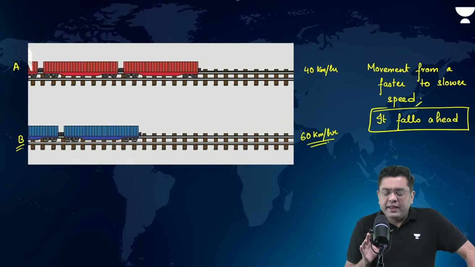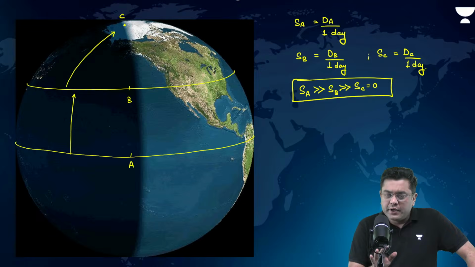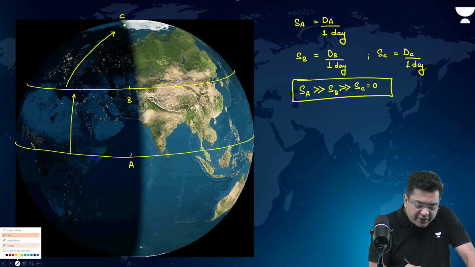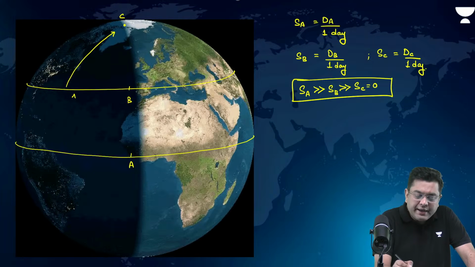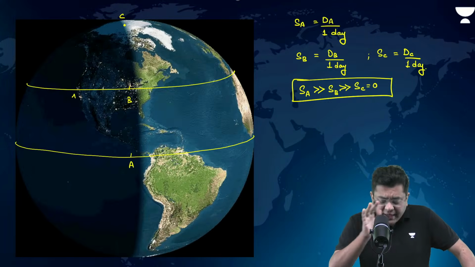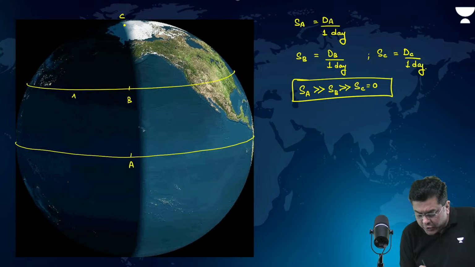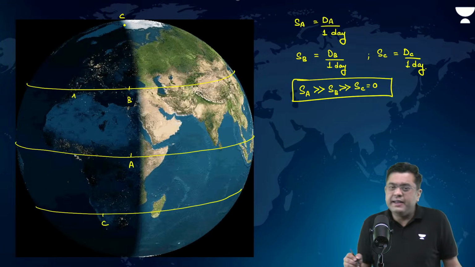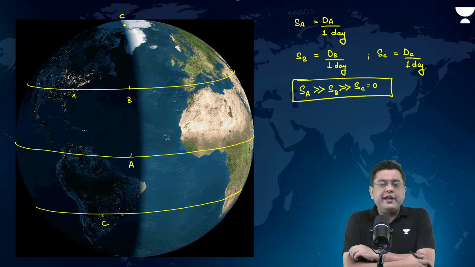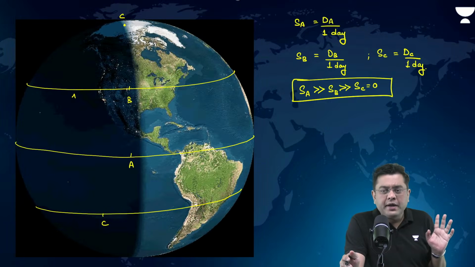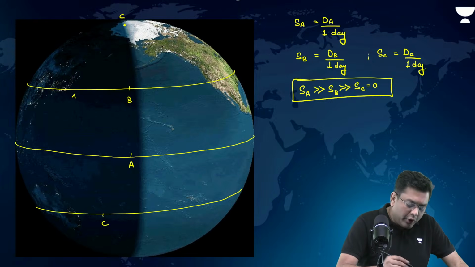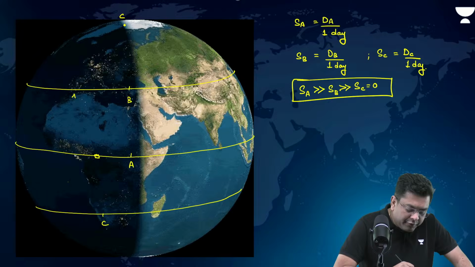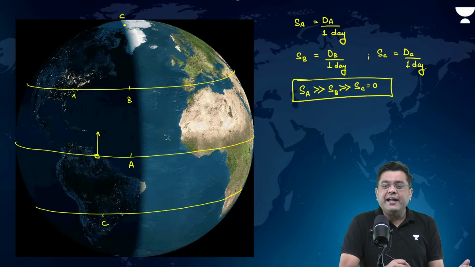With this, let us understand the case of the Coriolis force. I don't want you to have any preconceived notion about rightward bending, leftward bending, anything. We will arrive at the conclusion here itself, both for the northern hemisphere as well as for the southern hemisphere. Now, speed of rotation is fastest at A, lesser at B. So let's suppose an object is moving from, or wind is moving from A to B. That means what?